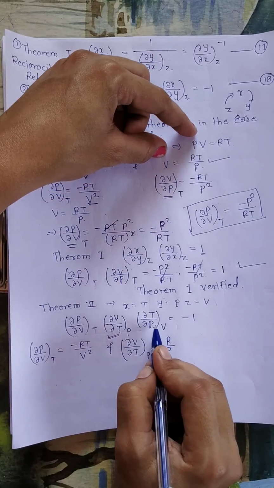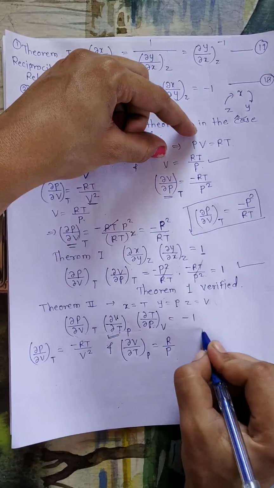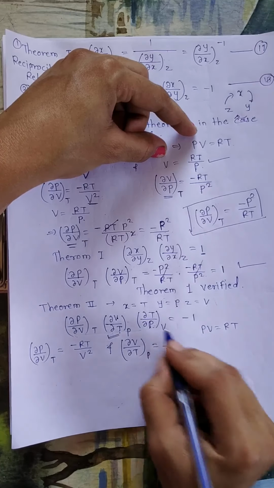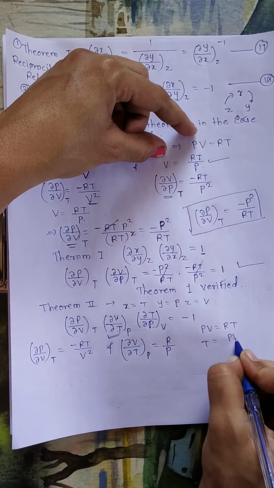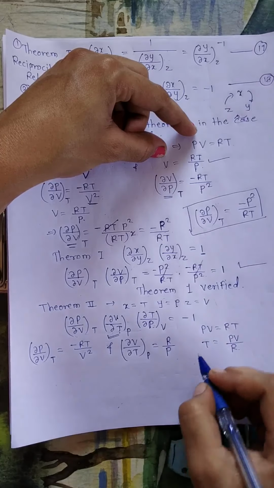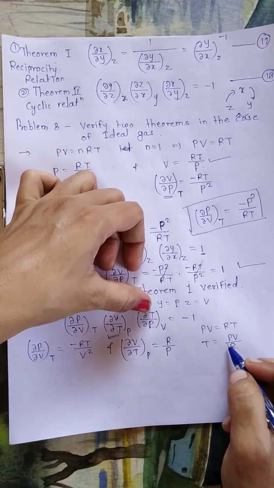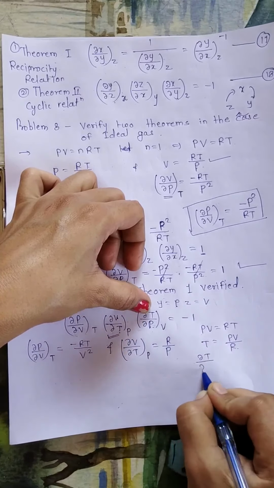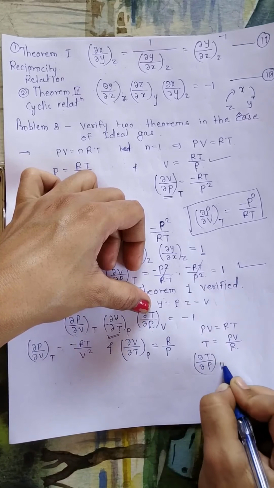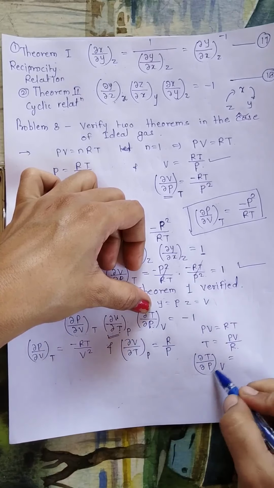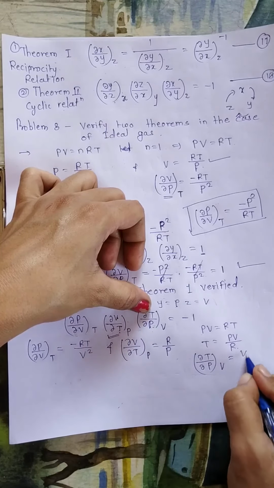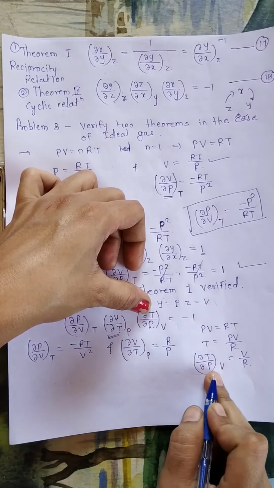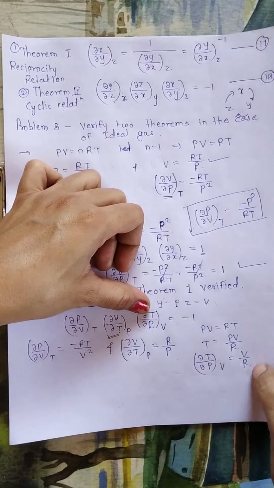So to find ∂T/∂P, we use PV = RT. So we have T = PV/R. Now here we will find the derivative with respect to P keeping V constant. So ∂T/∂P at constant V. Now the derivative of P is 1 and V/R is constant. So this is the derivative for ∂T/∂P, that is V/R.